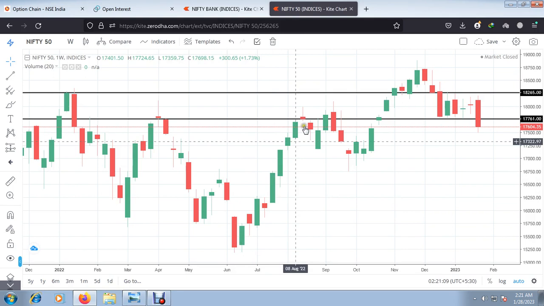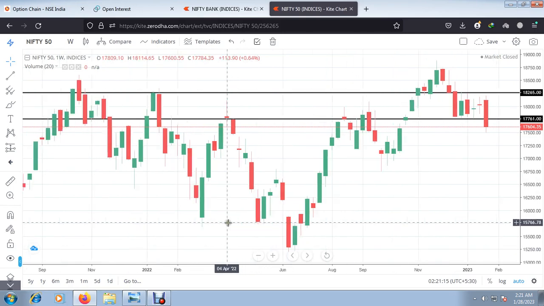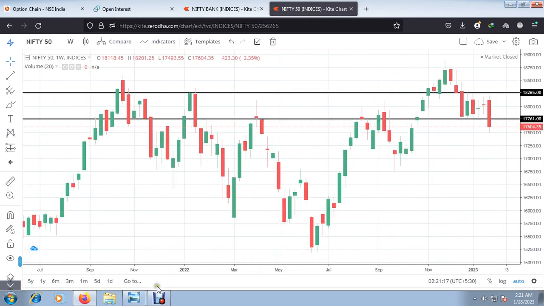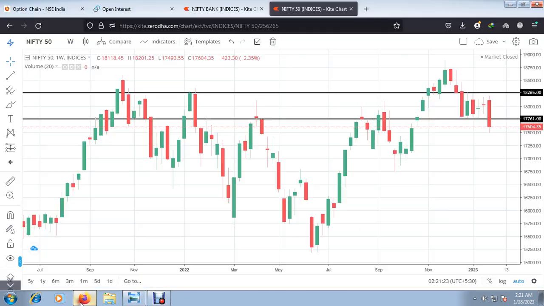Now, after changing this chart to the daily time frame, we will see what the trend is. In the weekly chart it is still showing an uptrend. Let us analyze what we have learned here. In the downtrend, it is going down in lower low, lower high fashion. It was coming down here, lower low and lower high, lower low, lower high.